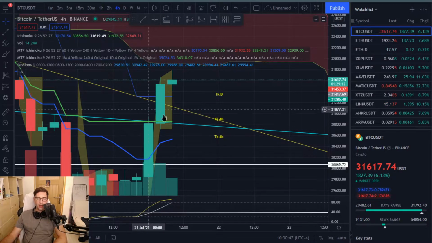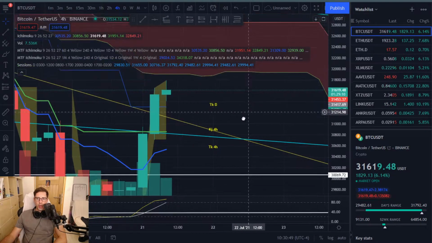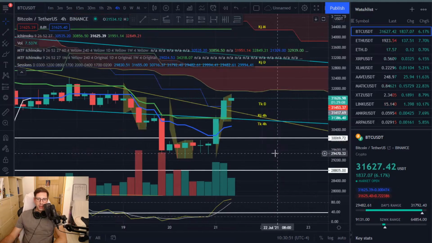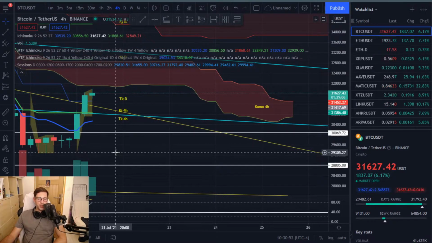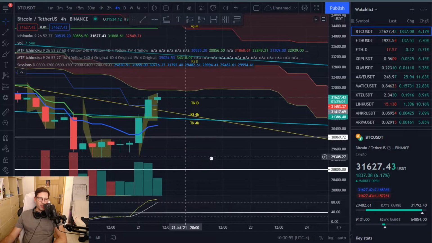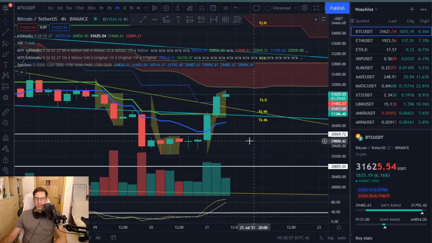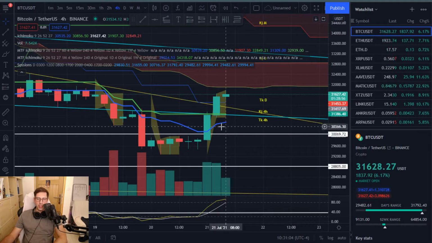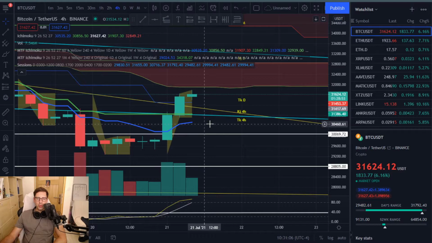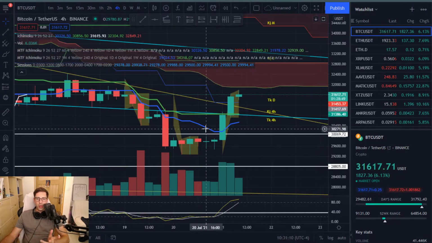The Tenkan crossover, depending on where you are on the chart, might mean a bullish or a bearish trend. But I mostly ignore it because it's really not that accurate. We need a couple of things to align together before we can take any decision on this. So it's not something I would say you must always focus on. You will see it anyway when there is a crossover.